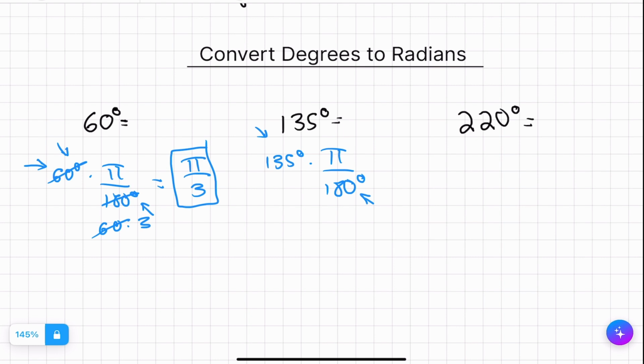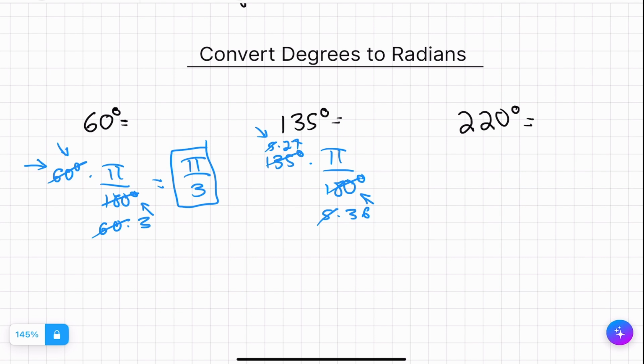From our divisibility rules, we know that 135 and 180 are both divisible by 5. So let's break them down so that the 5's can cancel. 135 can be broken down into 5 and 27, and 180 can be broken down into 5 times 36. We can cancel these 5's.